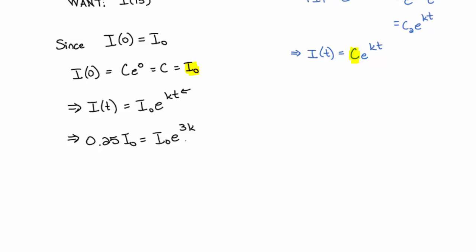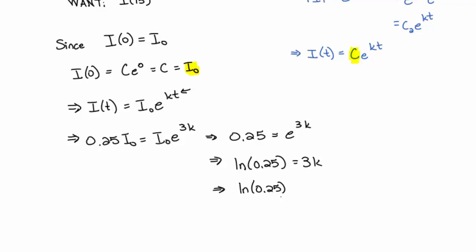And of course, doing a division, the I naughts will cancel, and you will get 25% is equal to e^(3k), and now you can take the natural log of both sides. And then you can divide both sides by 3. So this tells us that the natural log of 0.25 divided by 3 is equal to k.